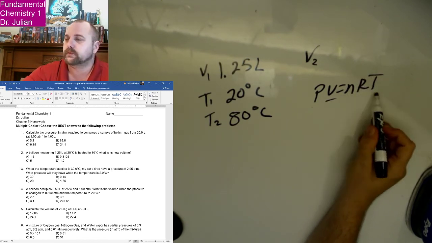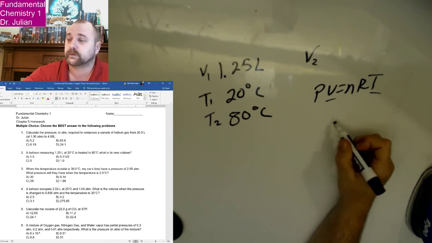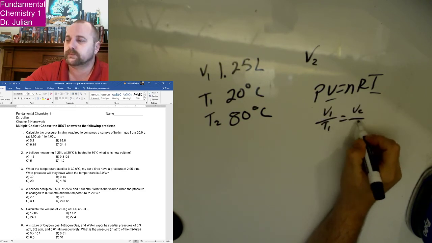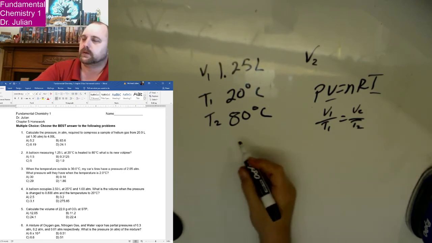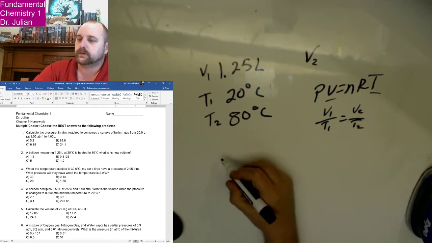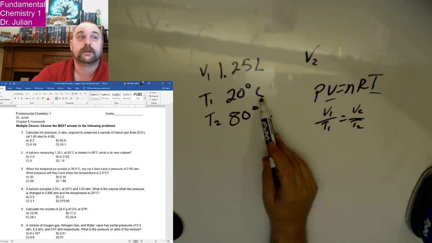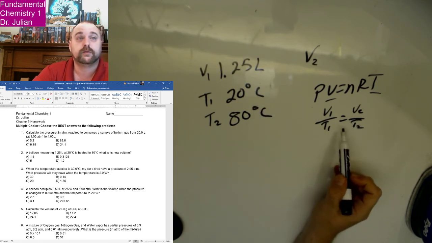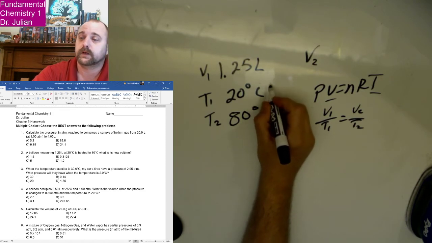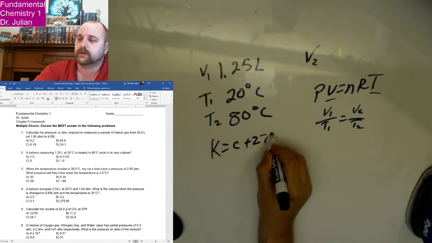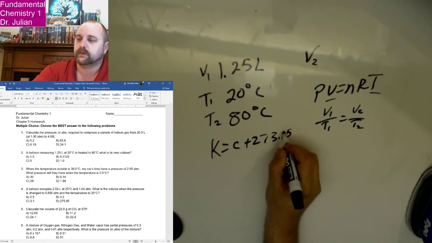We're looking at volume and temperature, so it's Charles's law: V1 over T1 equals V2 over T2. Sneaky, this is Celsius. Can't use Charles's law unless it's in Kelvin. So K equals C plus 273.15.